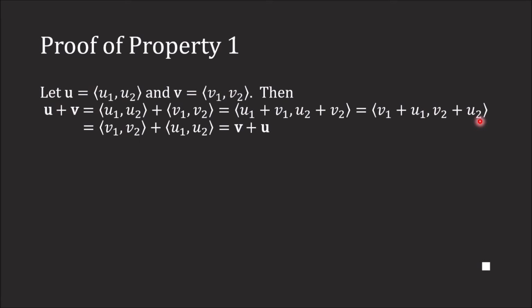Well, now by definition of vector addition, this is just v1 comma v2 plus u1 comma u2, which is simply v plus u, which is what we desired. And so the proof is complete. The proofs of the remaining properties are done in a very similar manner, and so these are left to the viewer.